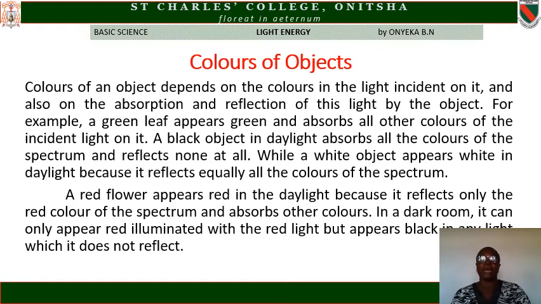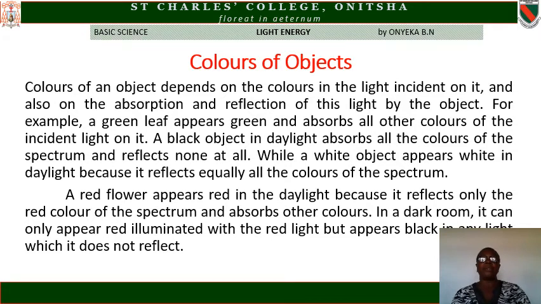Colors of objects. The color of an object depends on the colors in the light incident on it, and also on the absorption and the reflection of this light by the object. For example, a green leaf appears green because it reflects green and absorbs all other colors of the incident light.